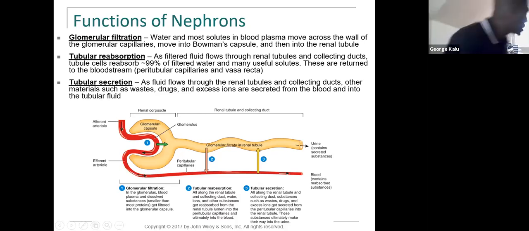Okay. So again, if we revisit the diagram I had just drawn here. There we go. Okay. So again, here we're looking at our peritubular capillaries.